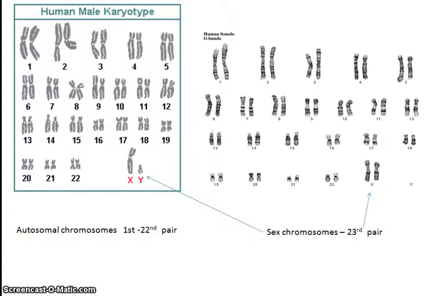This one is a male karyotype. This one is a female karyotype. So every human cell contains 23 pairs of chromosomes. One comes from your mother and one comes from your father. You can see these are single chromatids, and then these are sister chromatids.